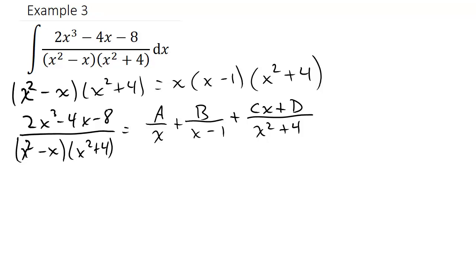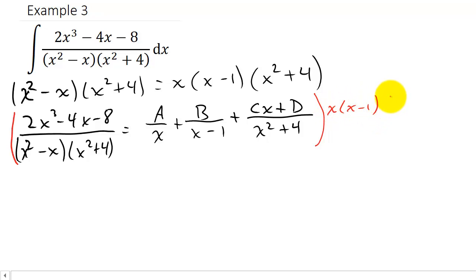Alright, so what I need to do now is multiply by the common denominator, which is x times x minus 1 times x squared plus 4. Now, when I multiply this term by the common denominator, this all cancels out.